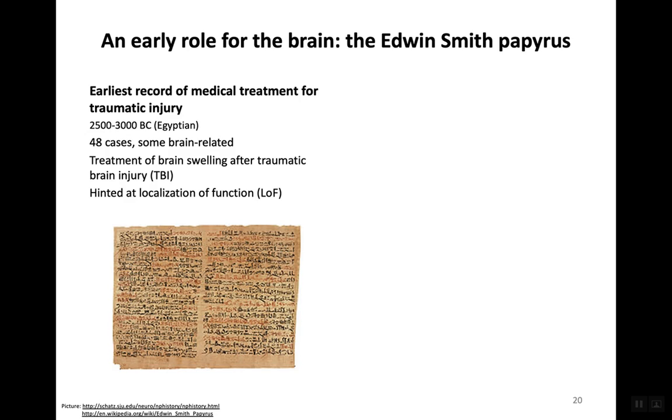And it is specifically relevant to us because some of the cases described in this earliest treatise on traumatic injury are brain related. Specifically, what the papyrus mentions is the description and the treatment of brain swelling that follows traumatic brain injury, TBI for short.